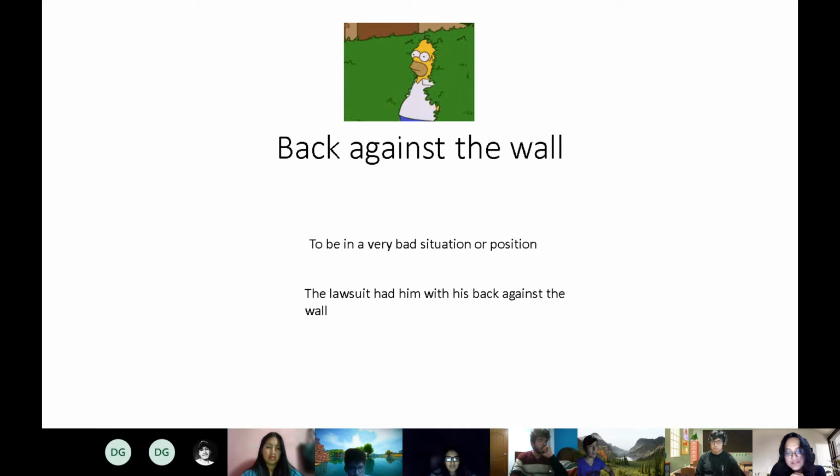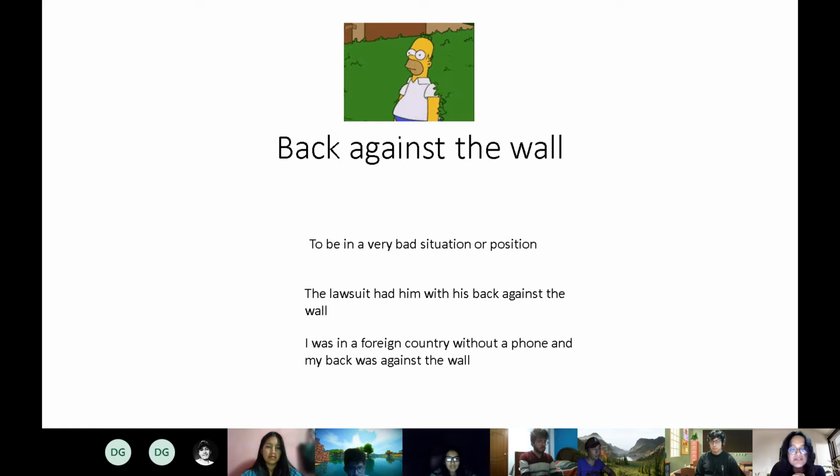The lawsuit had him with his back against the wall. And I was in a foreign country without a phone and my back was against the wall, you know? That's terrible, right? So we use back against the wall to express that we are in a very bad situation, okay?